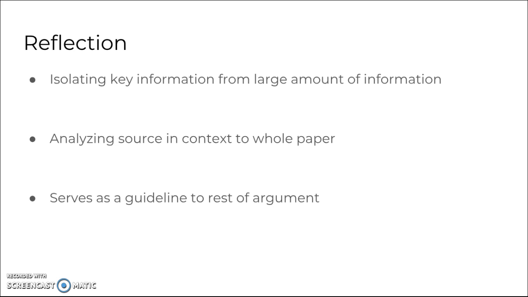This was one of the first sources I found, and I used it as a jumping off point. It helps to use this as the bare bones, and then to put the meat on with other more recent texts and more primary sources that analyze the most up-to-date information from 2016 and 2017. Especially the EPA actually released more updated information. And as I said before, it does serve as a guideline to the rest of my argument.